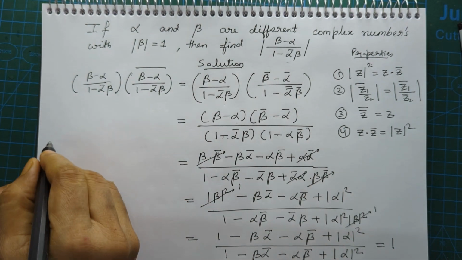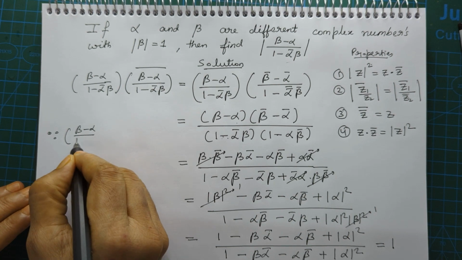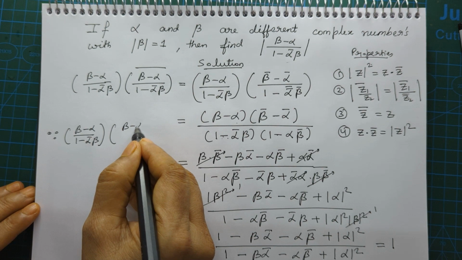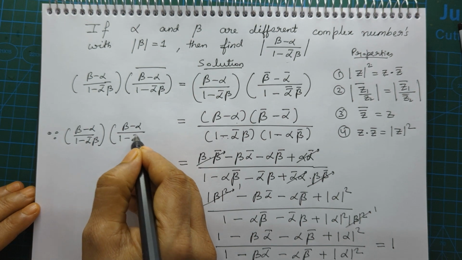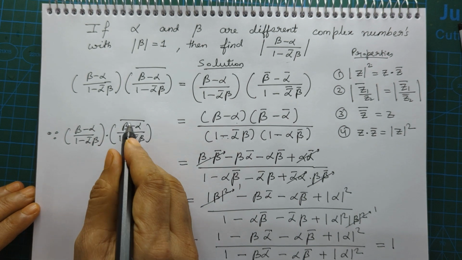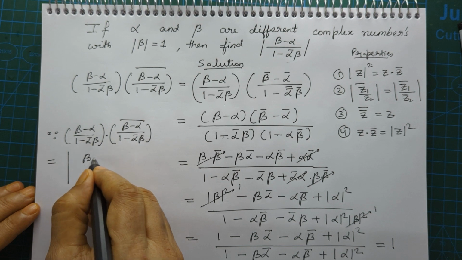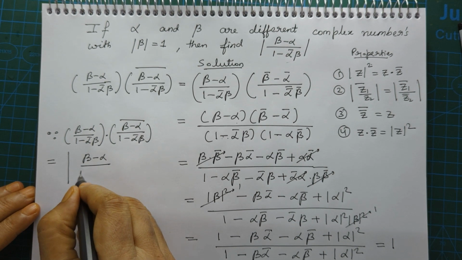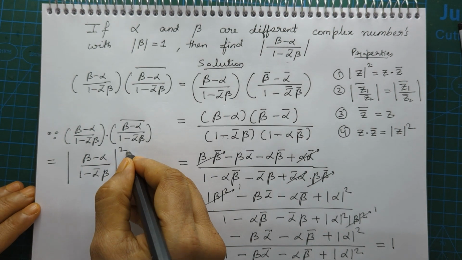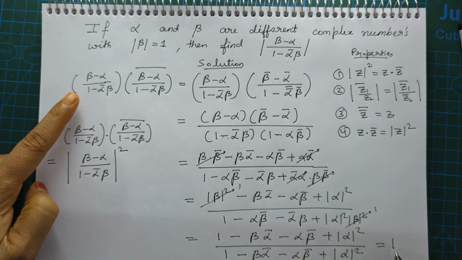Since beta minus alpha by 1 minus this times its conjugate is the modulus of beta minus alpha by 1 minus alpha conjugate beta, modulus of the complex number square, the product is this, and this product on simplification turned out to be 1.